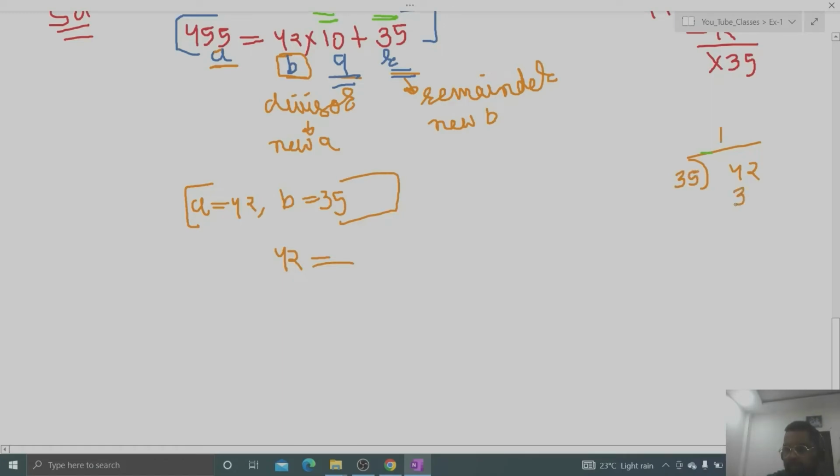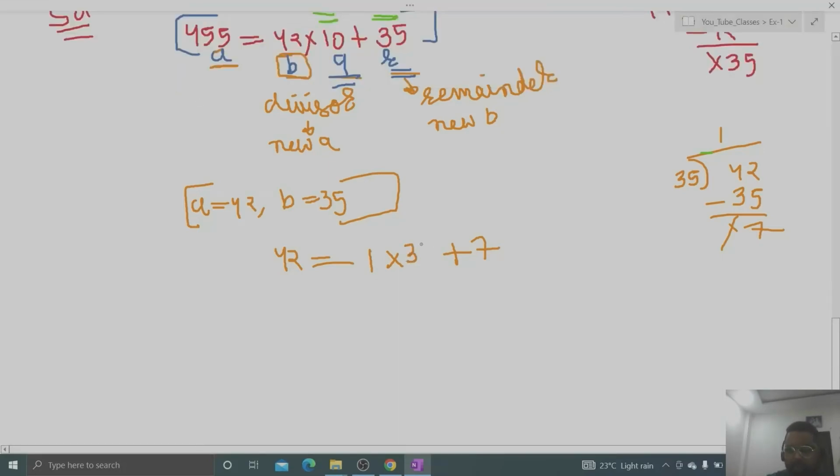Then 35 1 is 35, and what will remain here? 7 only. So 7 will be our remainder, and I can write here 35.